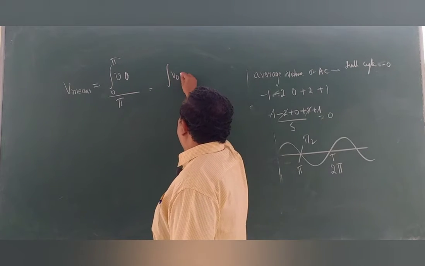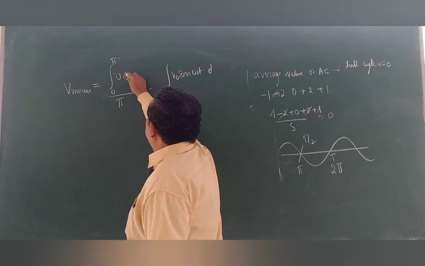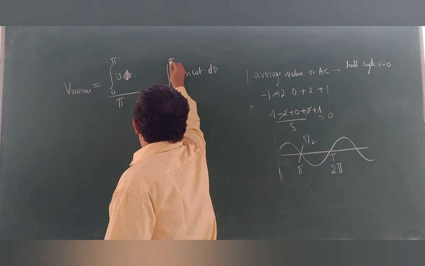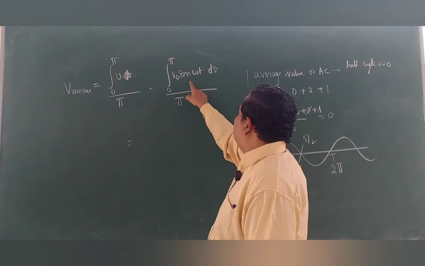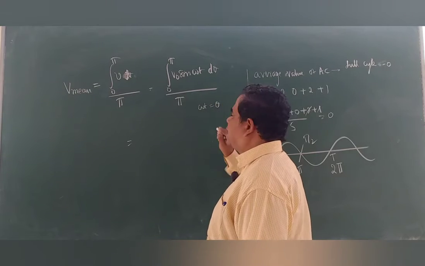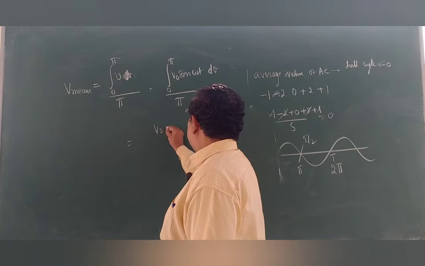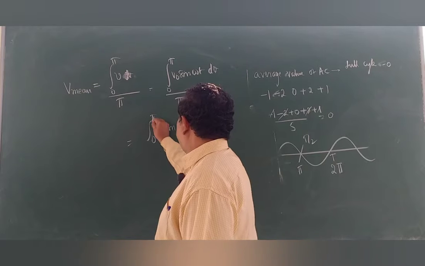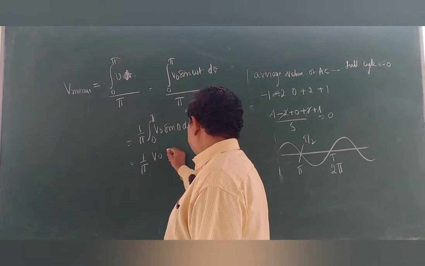We write V naught sin omega t d theta, integral 0 to pi, divided by pi. Observe carefully, omega t can be taken as theta. From that, we can simply write V naught sin theta d theta, integral 0 to pi, 1 by pi, with V naught taken out.